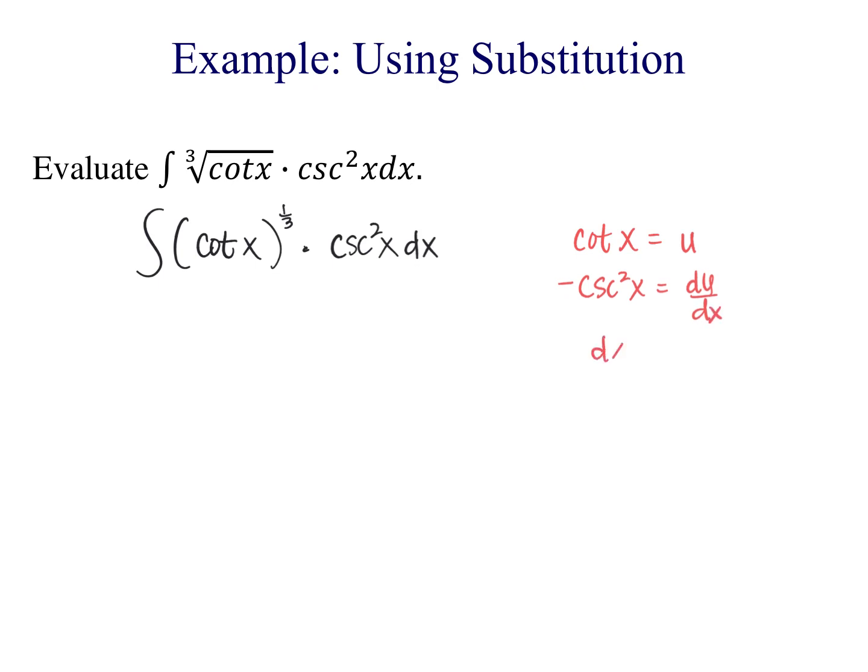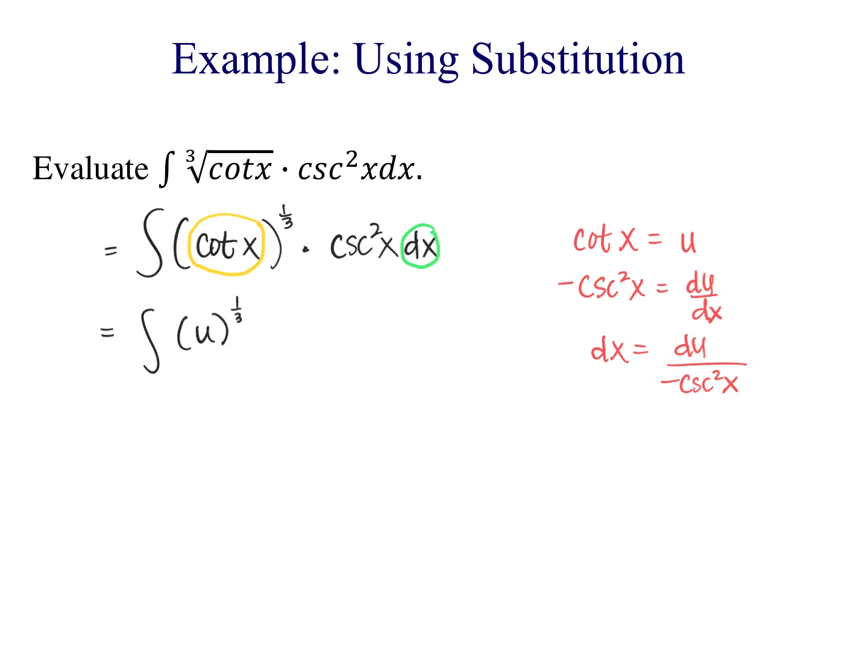So dx by itself has to be du divided by the negative cosecant squared of x. And if you're trusting the process, we're going to replace cotangent and we're going to replace dx, but we're not going to worry about the other pieces right now as we trust that it'll all work itself out.